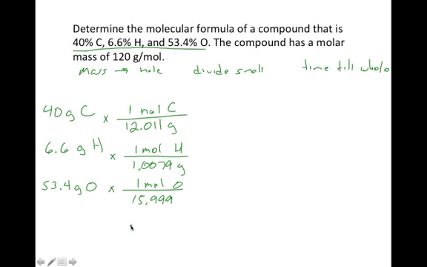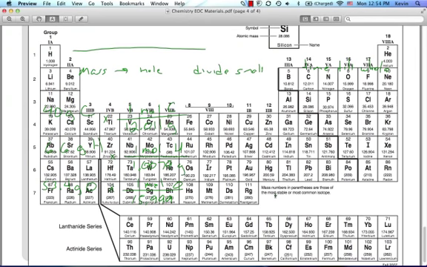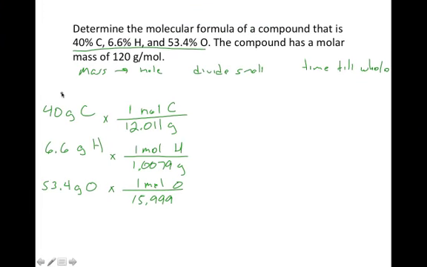Again, where do these numbers come from? They come from the periodic table. Hopefully you're memorizing these already. So hydrogen 1.008, carbon 12.011, oxygen 15.999. Like I say, hopefully some of these are sticking in your head.